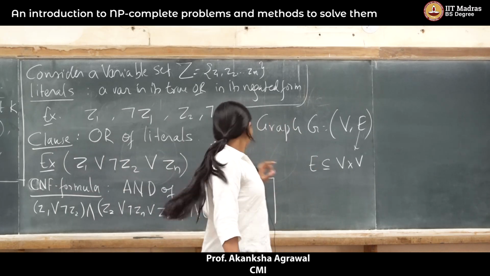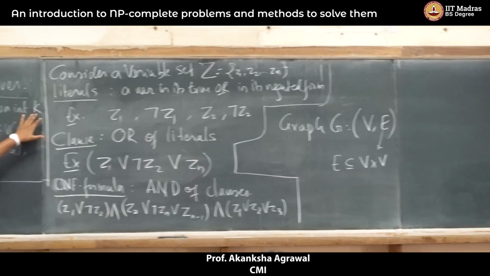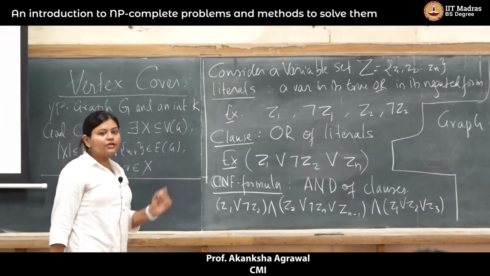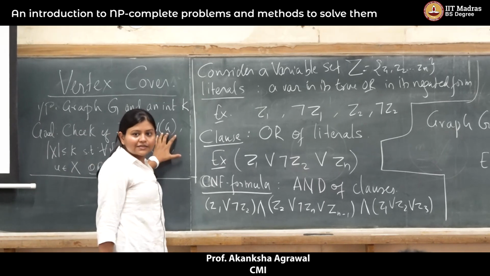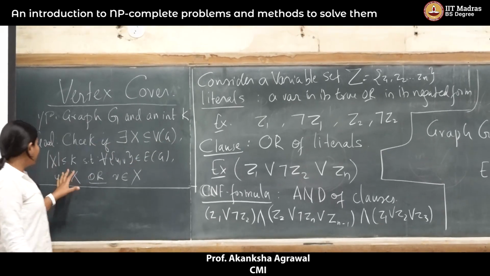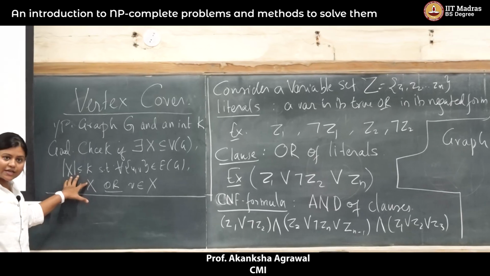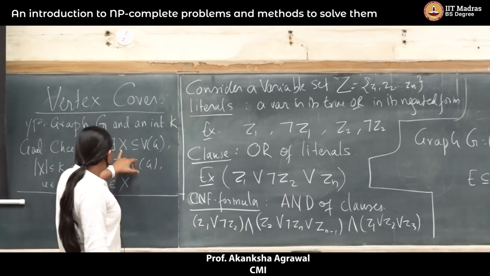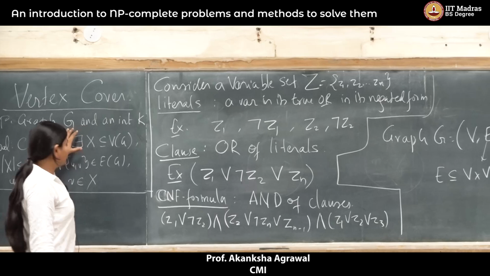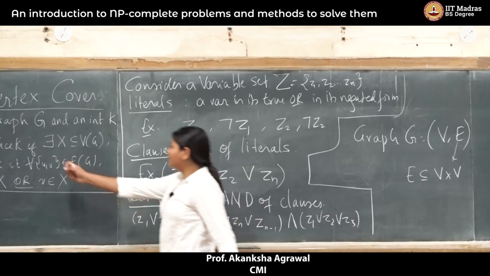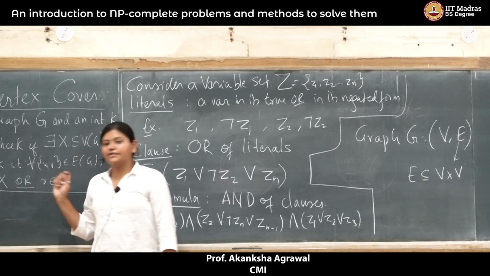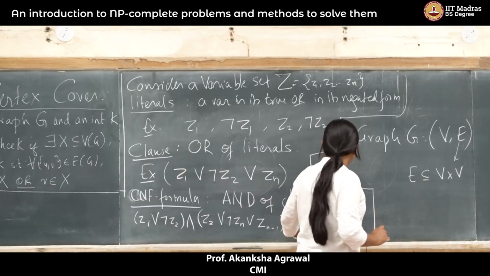So now we are given a graph G and an integer K, and the goal is to check if there is a subset of the vertices of the given graph such that the size of the subset is at most K, and if you look at any element from the edge set of the graph, then at least one endpoint of this edge is in the set X.